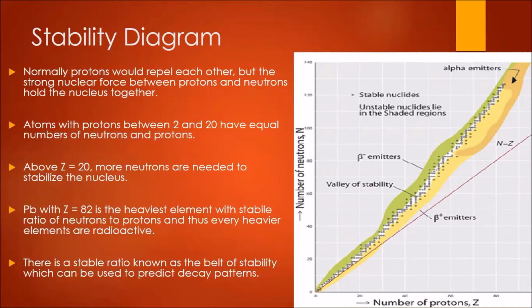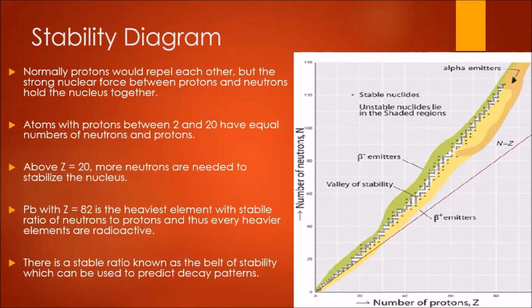As you're building the nucleus bigger and bigger, you need more and more neutrons to try to shield the protons from each other. And eventually you reach a point where there is no amount of neutrons that will make this stable. Lead-82 is the heaviest element with a stable ratio of neutrons.